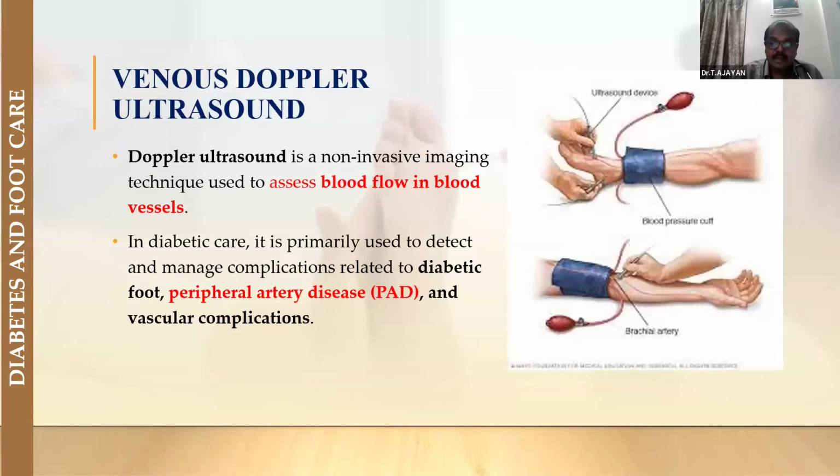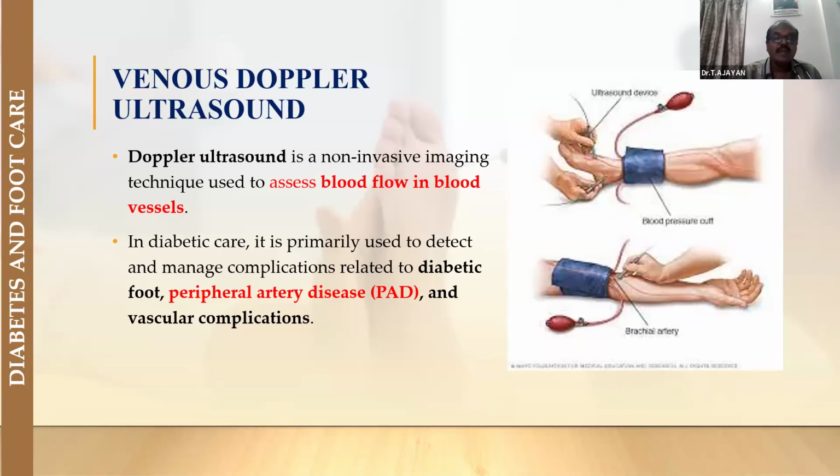Another investigation is the venous Doppler. The Doppler study reveals the blood flow, and it is especially used for DVT, because DVT is one of the complications of diabetes mellitus, which causes atherosclerotic changes in the vessels. Therefore, the venous Doppler study is helpful to work out the blood flow in the blood vessels.